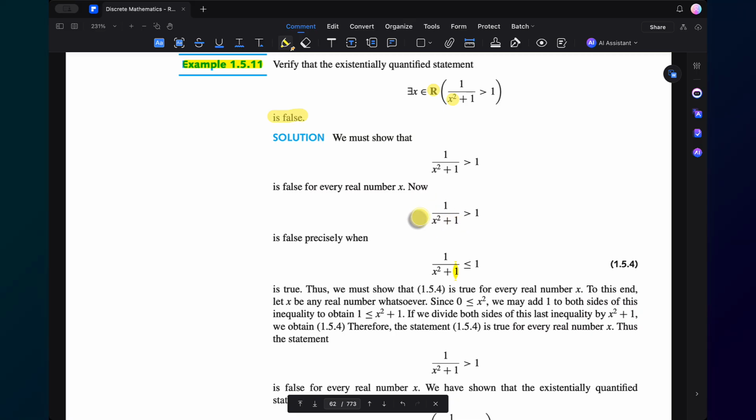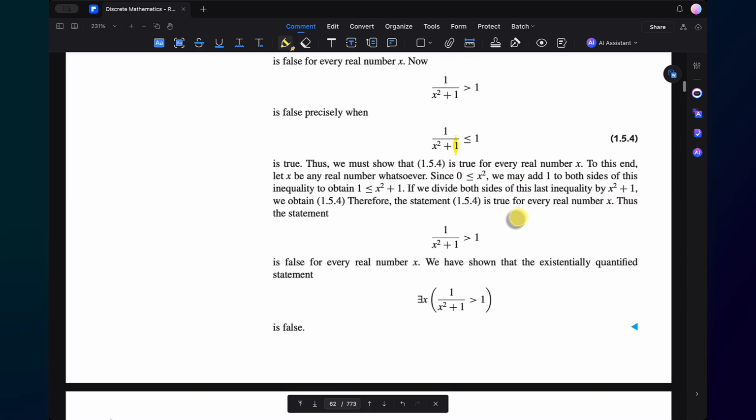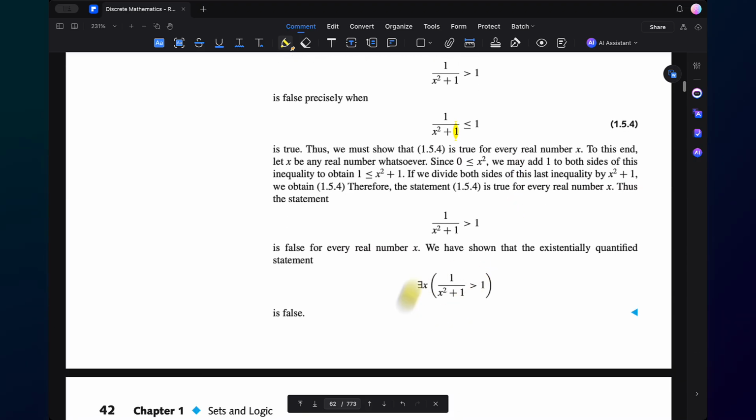So for every real number, we're getting 1 divided by some number larger than 1. Well, that's actually less than or equal to 1. The best case scenario would be if x is 0, right? So that proves that this statement is false. There does not exist a real number where this is true.